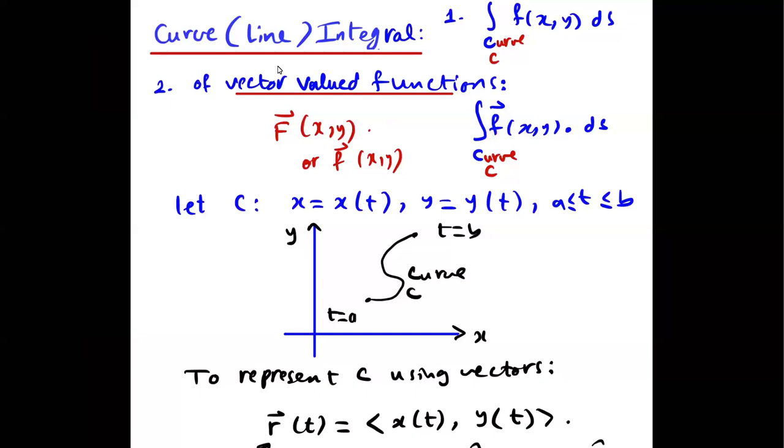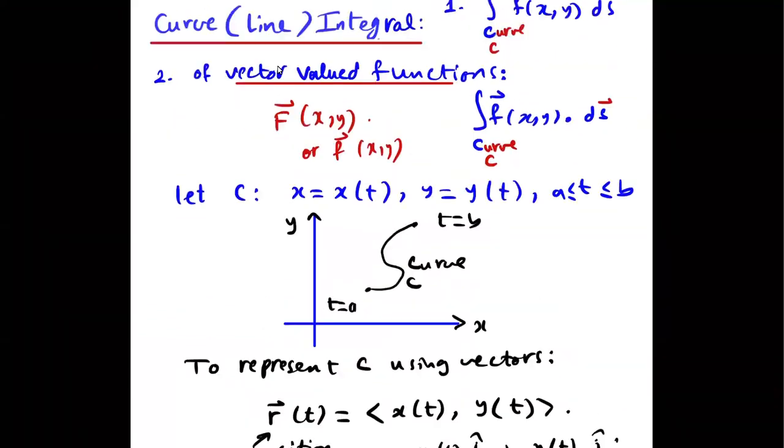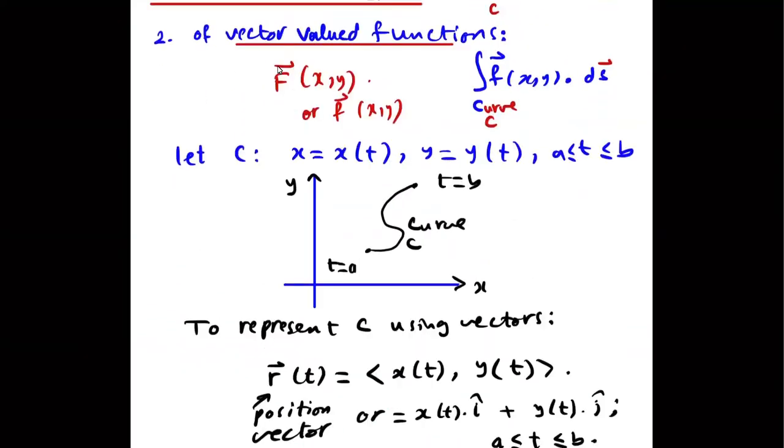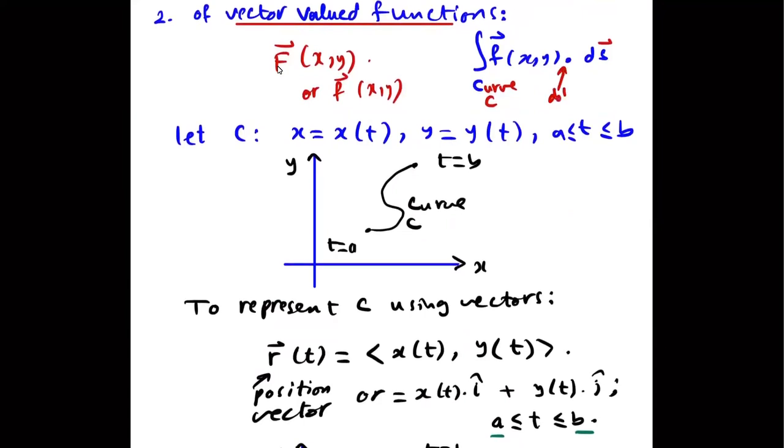It is a vector valued function. And ds here, this is ds as a vector. If this is a vector valued function, we use this ds as a vector. And this is the dot or scalar product of two vectors.